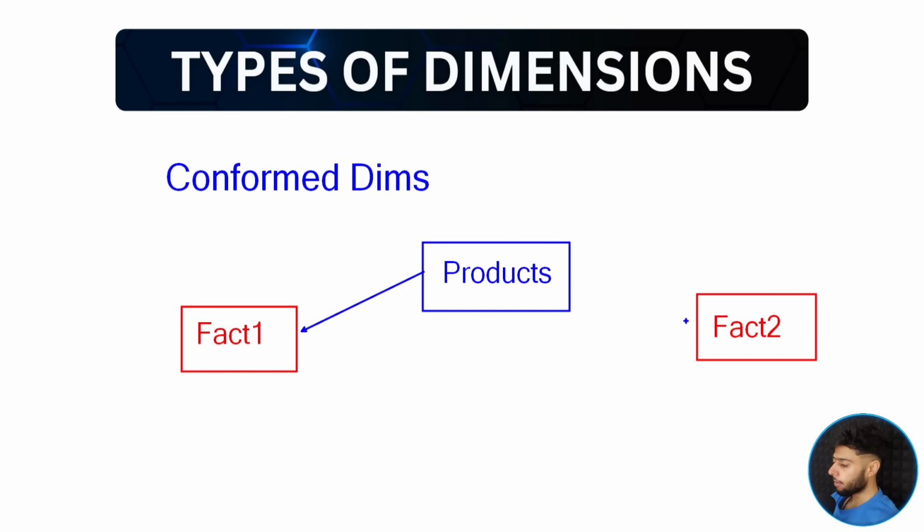Then I have a fact table for cancelled orders. Obviously, I will connect this with products as well because I want to see which products are being cancelled more. So this particular dimension is now called a conformed dimension because it is connected to 2 different fact tables. It can be 2, it can be 3, it can be more than 1. So these types of dimensions are called conformed dimensions. Make sense? You will remember it, right?